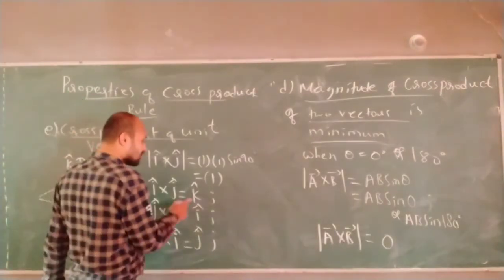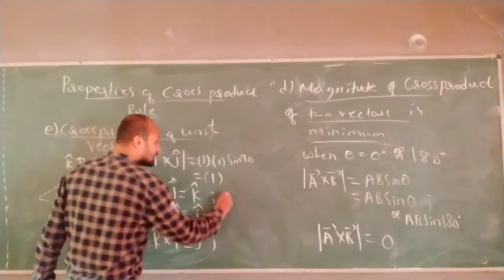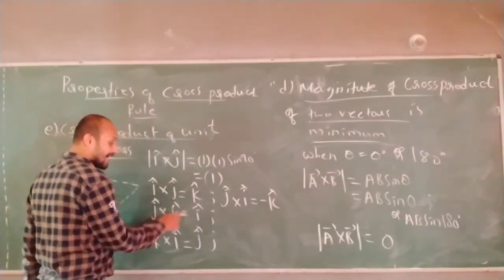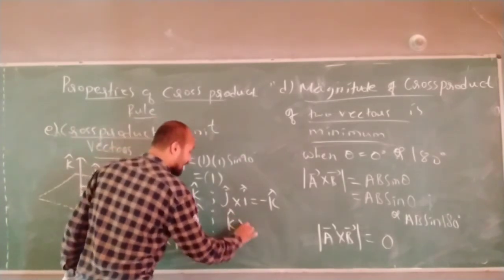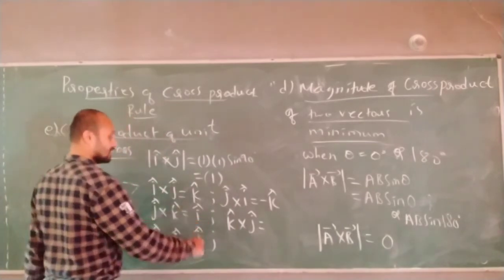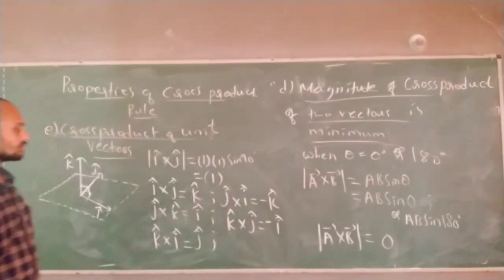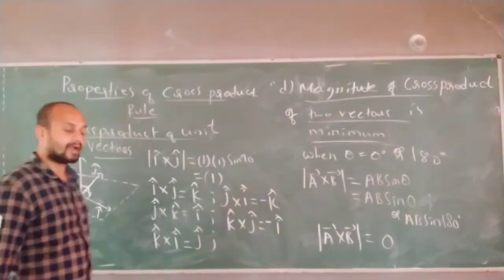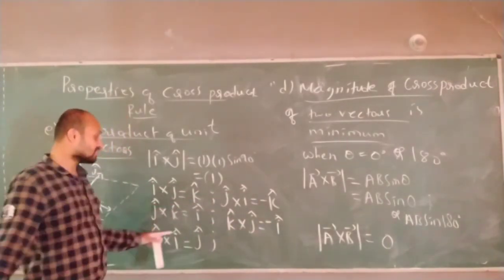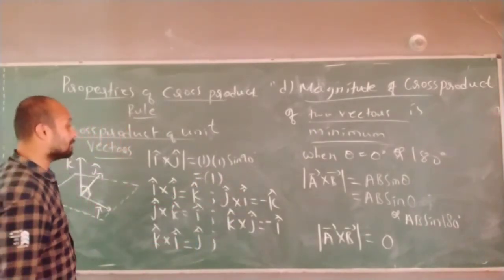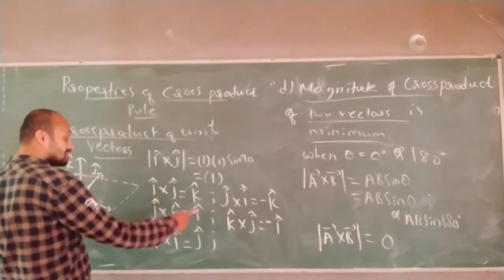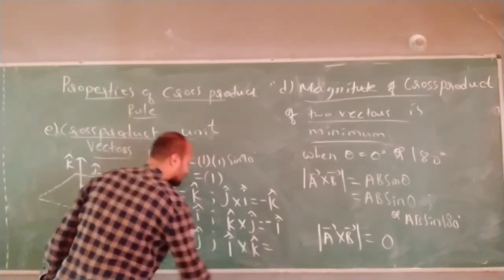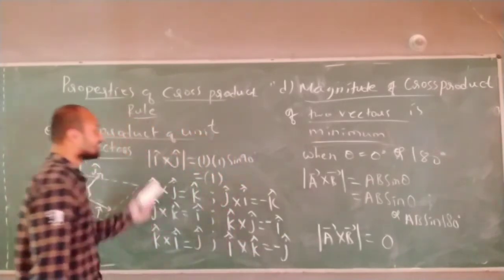So i cross j is k means j cap cross i cap will become minus k cap. j cross k is i cap means k cap cross j cap will become minus i cap. k cross i is j cap means i cross k will become minus j cap.